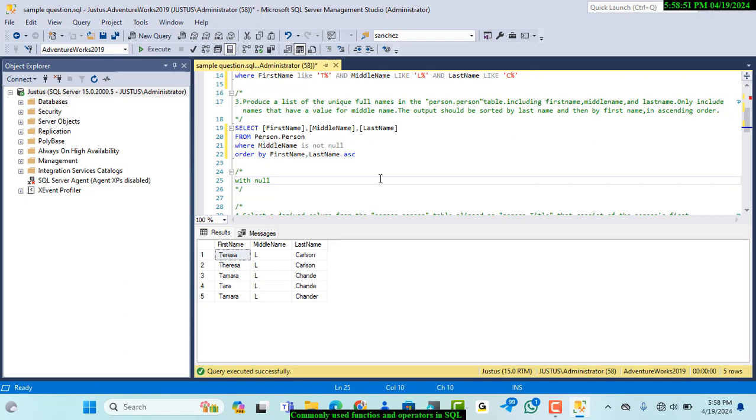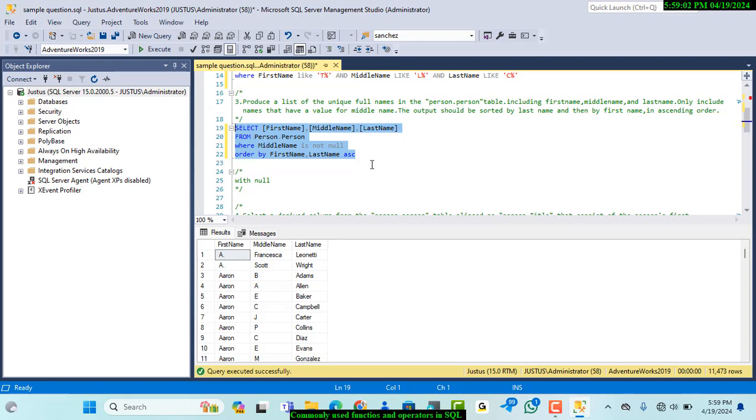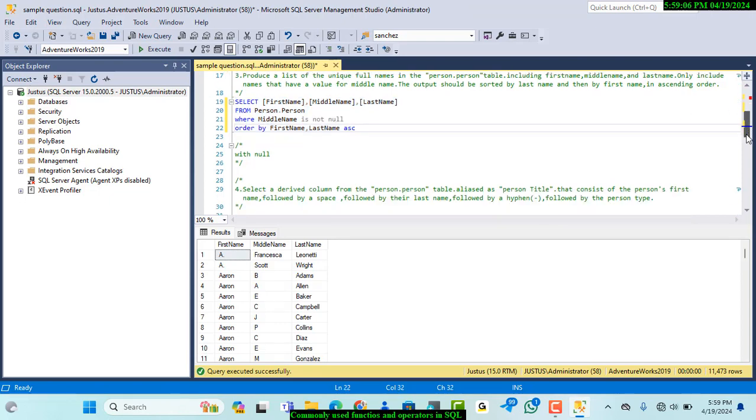In SQL, you can sort the results of a query by using the ORDER BY clause. So that's what we have done, and we execute and get our results. Good. That is question 3.